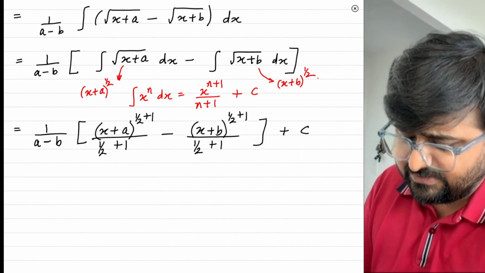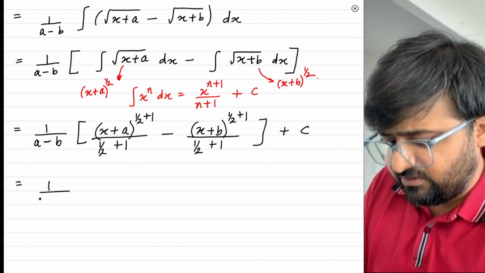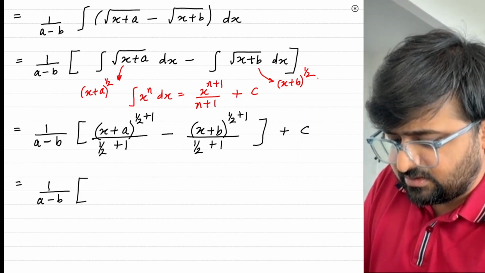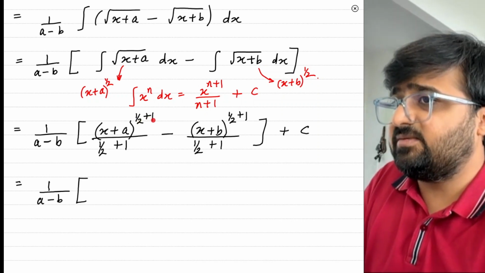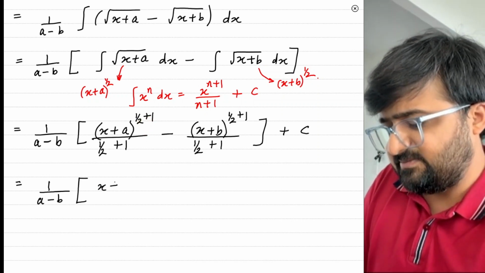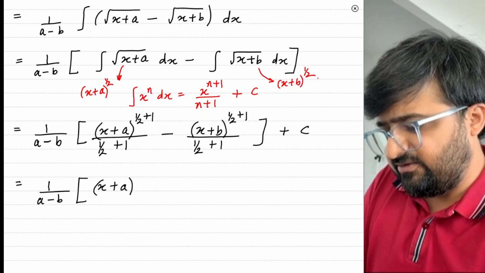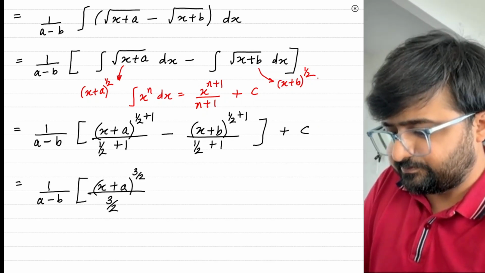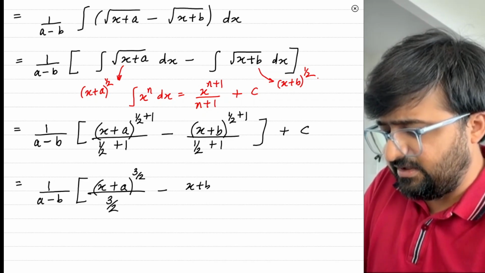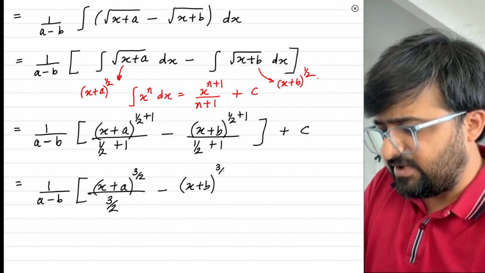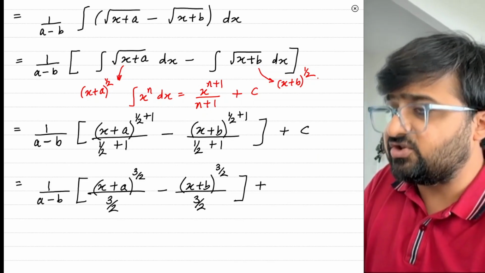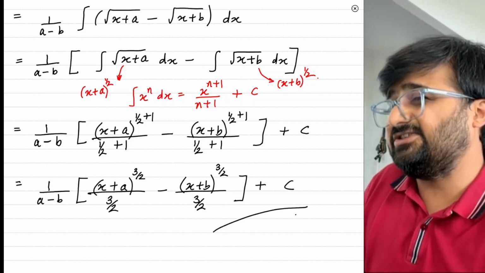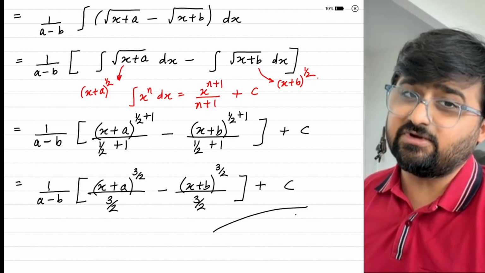We can clean this up a little bit and say we have 1 over a minus b. Now half plus 1 is nothing but 3 by 2, so we have x plus a to the power 3 by 2 divided by 3 by 2, minus x plus b to the power 3 by 2 divided by 3 by 2, and plus the constant of integration. See, you can call this your final result of the integral that we are looking for.